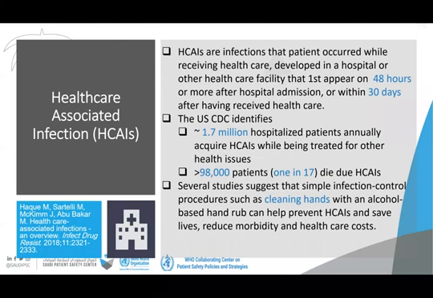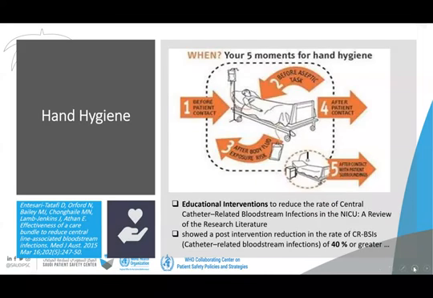And the statistic is very huge: 1.7 million hospitalized patients annually acquire a healthcare associated infection, and 1 in 17 patients die due to it. So with compliance for hand washing, a simple technique, we can prevent a lot of adverse events and even save our patients' lives. And these studies show that continuous education for providers reduces the risk of infection by 40%. This is really very important to address.